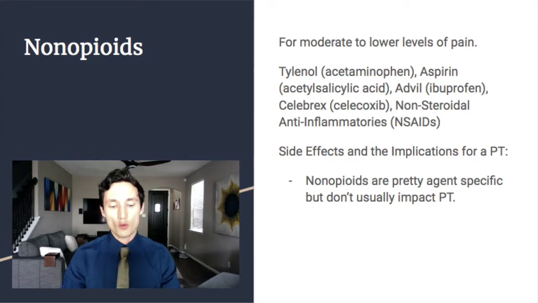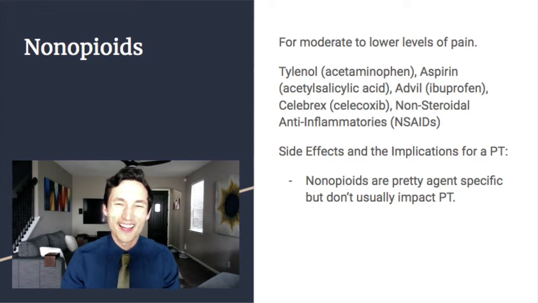Non-opioids are for lower to moderate levels of pain typically. This can be Tylenol or acetaminophen, aspirin or acetylsalicylic acid, Advil or ibuprofen, Celebrex or celecoxib.